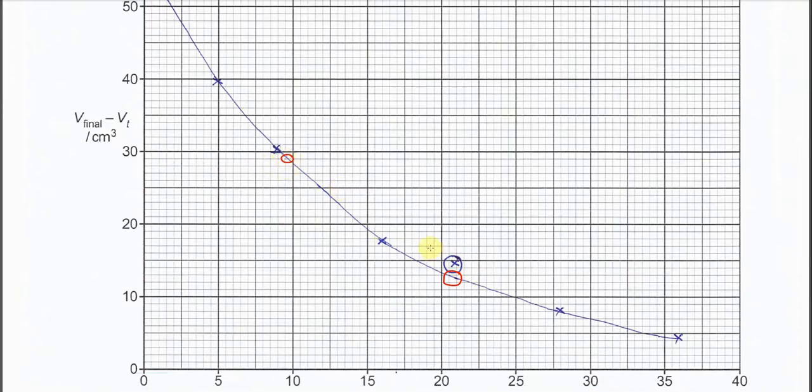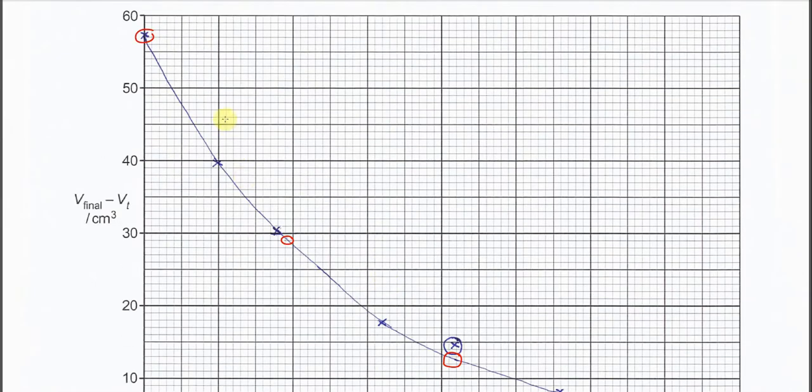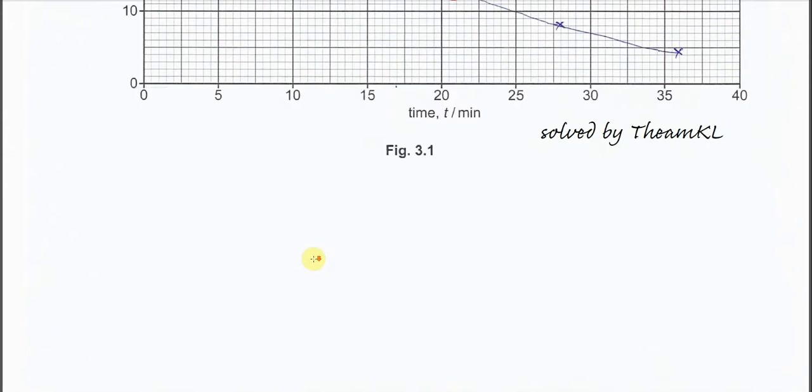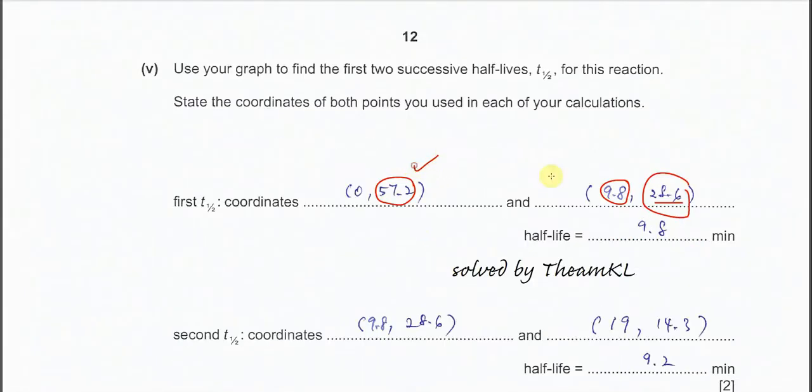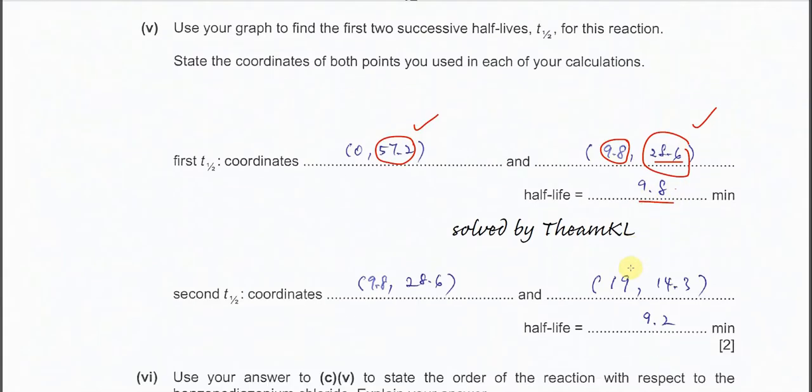So for mine, the second coordinate is 9.8 minutes, and the volume is 28.6. We must use 57.2 and 28.6, because the volume is reduced to half, that's why we use these two coordinates. Try to find the time from the graph. So the half-life obviously is 9.8 minutes from my graph.